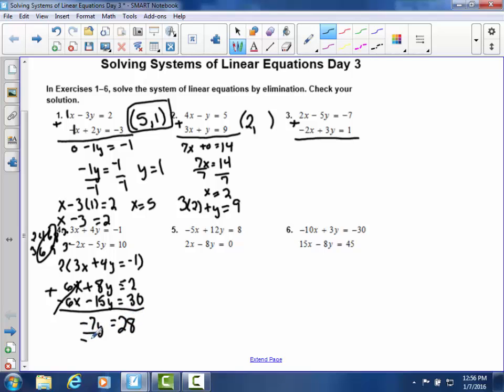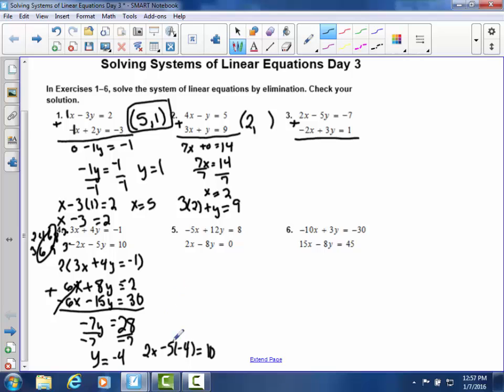So then I divide both sides by -7 and get that y equals -4. So now I want to substitute into one of my original equations. I'm going to choose the second equation, just because I can. So 2x minus 5 times negative 4 equals 10. And then I want to solve this equation.